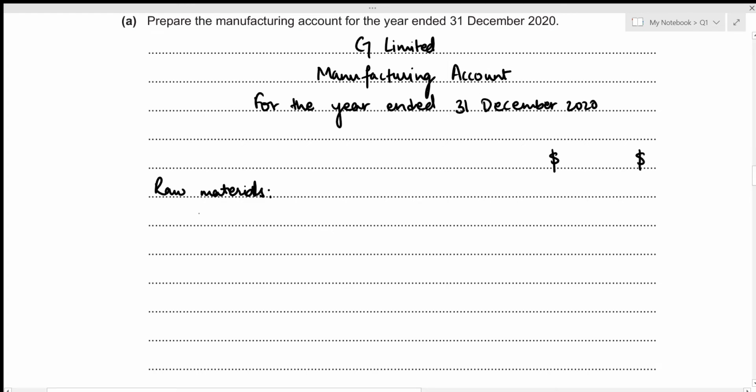So that's going to be opening inventory. Then we will add our purchases like we used to do in our cost of goods sold. And we also know that there was a transportation cost for raw materials, which means that there is carriage inwards. So we need to add that cost as well.